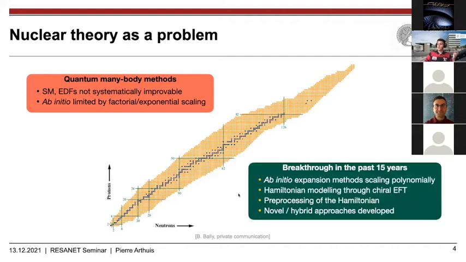But what happened, though, in the past 15 years is that ab initio expansion methods, scaling polynomially, were developed or reintroduced to nuclear physics, along with new Hamiltonians modeled through chiral effective field theory, new preprocessing methods of the Hamiltonian, the development of novel and hybrid approaches, etc. And all of this has lifted those restrictions that we had on ab initio methods.